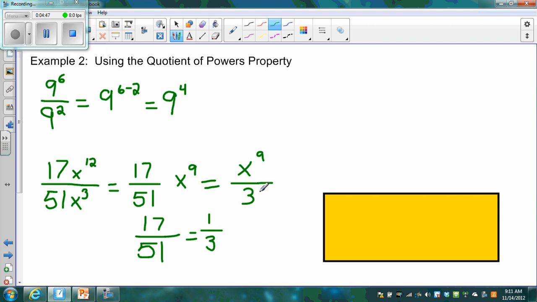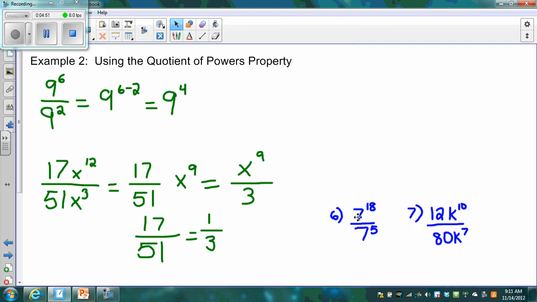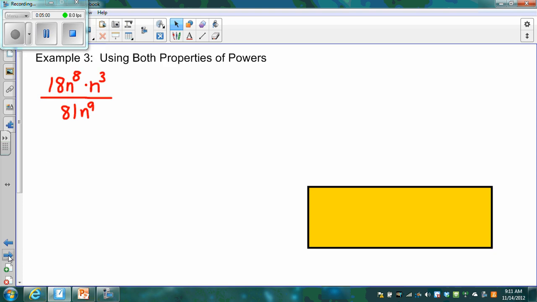You can still include the 1 up there, but you don't need to. Try these two problems on your own to practice using the quotient of powers property.